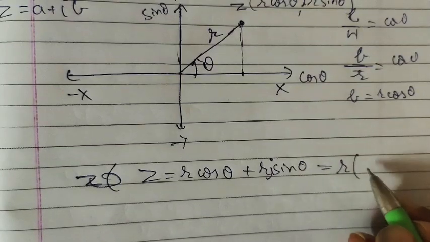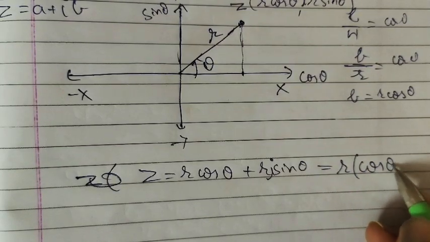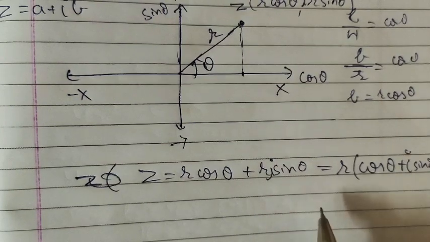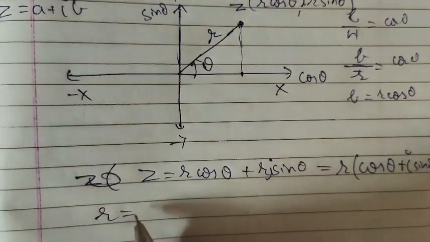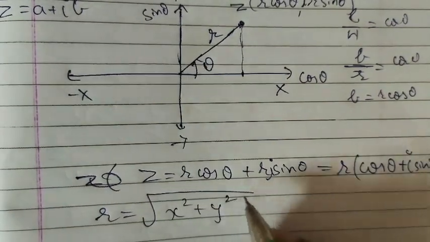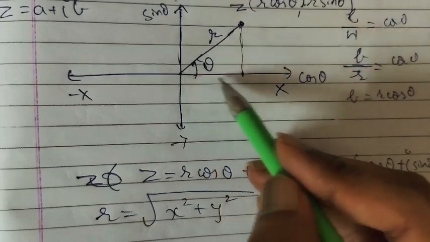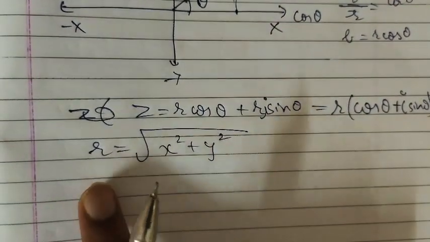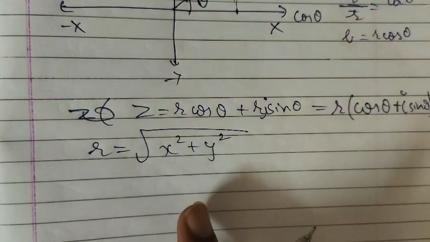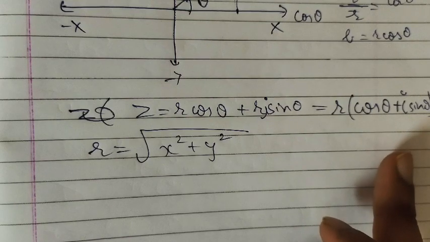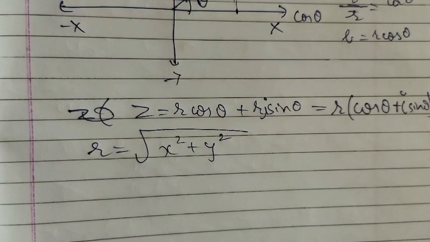If we take r common, this will be r times cos theta plus iota sin theta, where r value will be equal to the square root of x square plus y square, because this distance will be x square plus y square. So r is the root of x square plus y square, and z is r cos theta plus iota r sin theta.